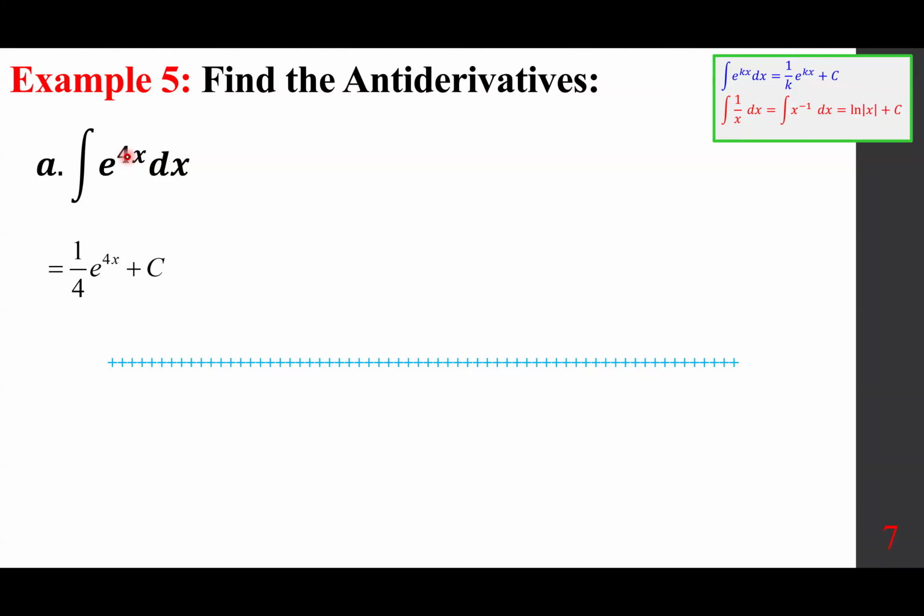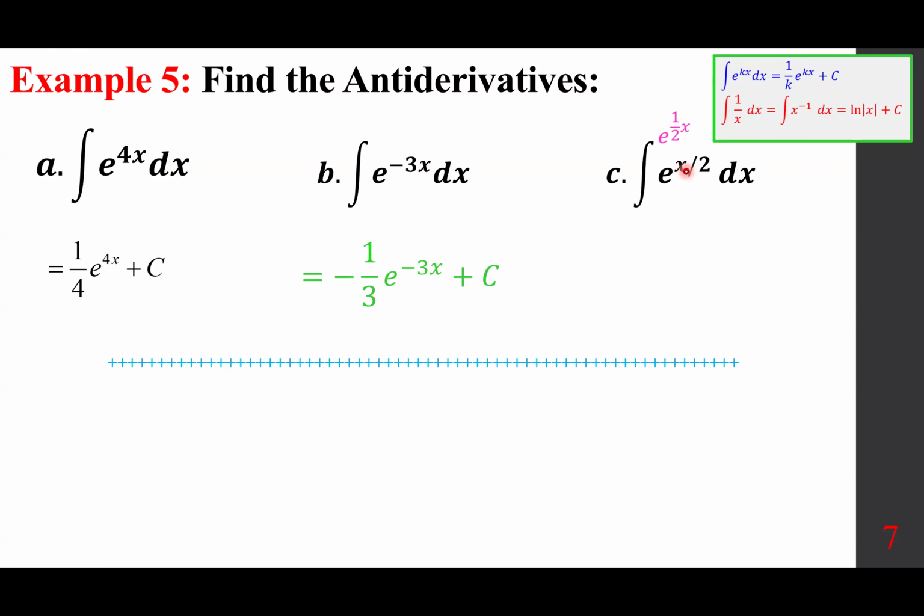In this case, again, the answer is itself. We divide by -3, which gives us -1/3 e to the power of minus 3x and a constant. In this case, we rewrite e to the x over 2 as e to the 1/2 x.